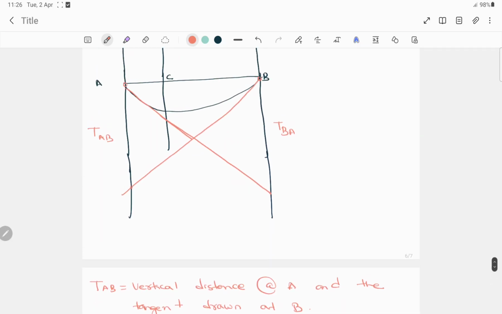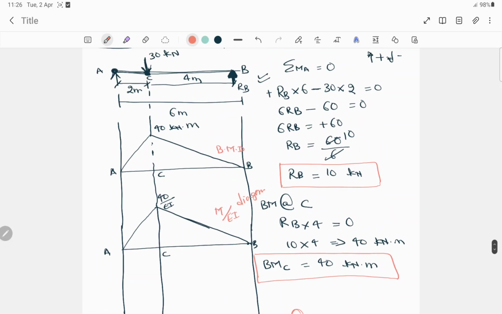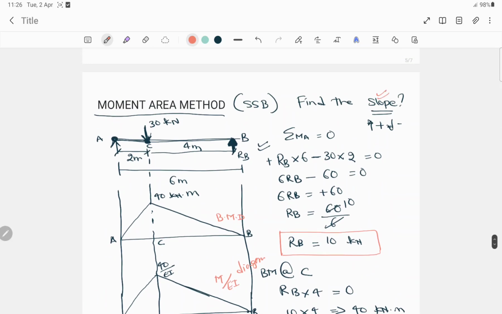Now we have to find this distance as well as this distance to get the values for theta A and theta B. Here theta A is the slope at A and theta B is the slope at B. In this question, we have to determine the slope.